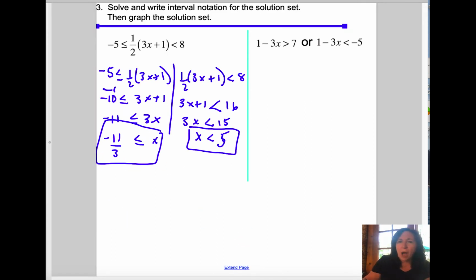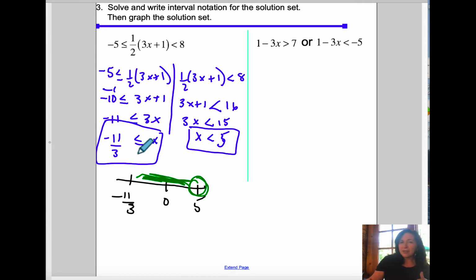So after I box those up, now I'm going to graph these, okay? So I'm going to put 0 here. I'm going to put my -11 thirds here and my +5 here. And when I'm graphing these, what I'm looking at is x is less than 5. So that means this is open, less than. So all the values less than that up to this value, which says x is greater than or equal to -11 thirds.